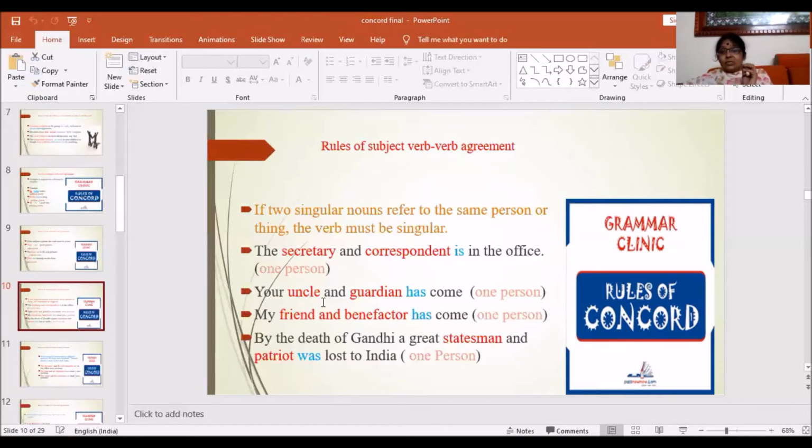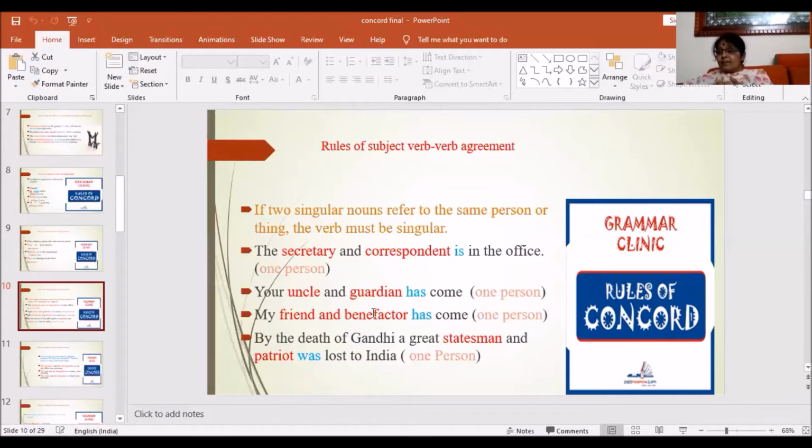Next sentence: your uncle and guardian has come. Now, in this sentence also, the uncle is also the guardian. So, uncle and guardian are the same person. So, we will use a singular verb. Let us go to the next one: my friend and benefactor has come.